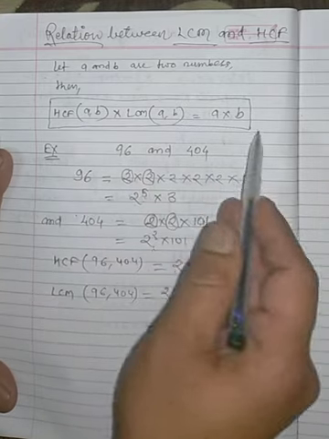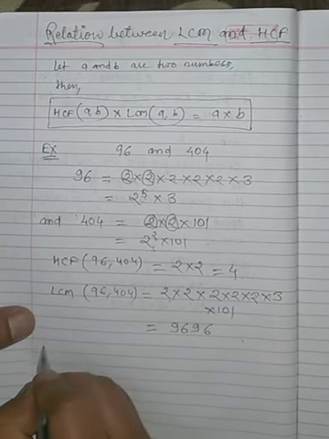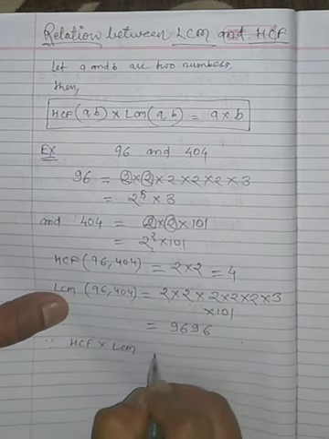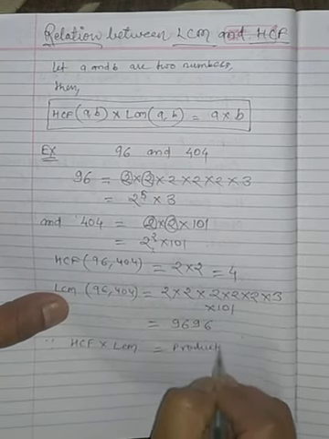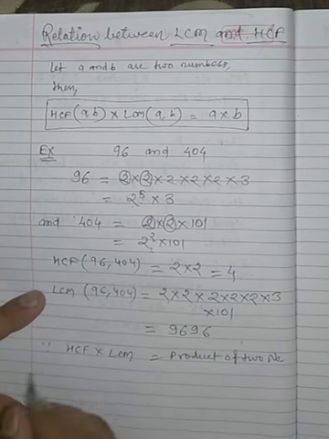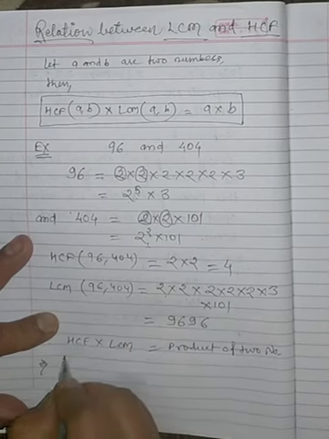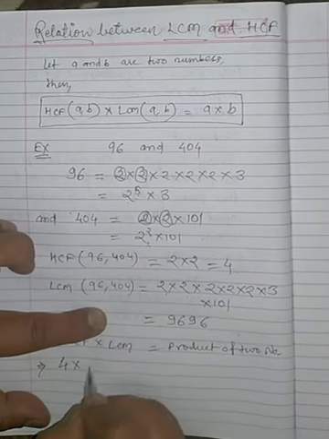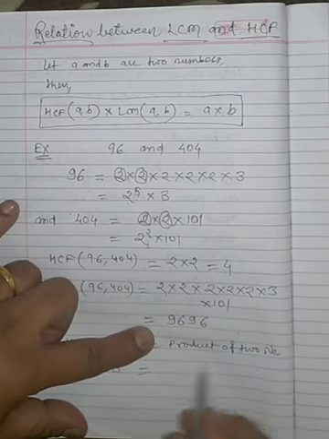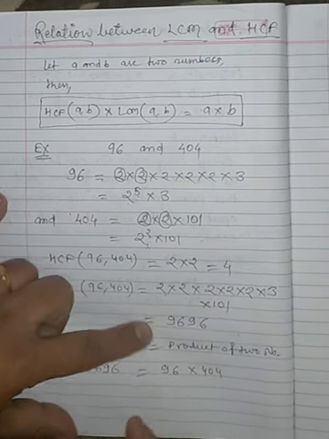Now we will verify whether this relation is applicable or not. Since we know that HCF into LCM is equal to the product of the two numbers, the HCF we got was 4, and the LCM we got is 9696, and this should be equal to the product of the two numbers we were given, 96 into 404.